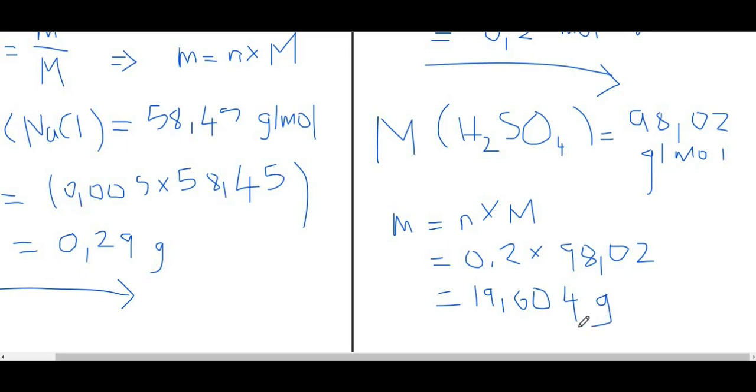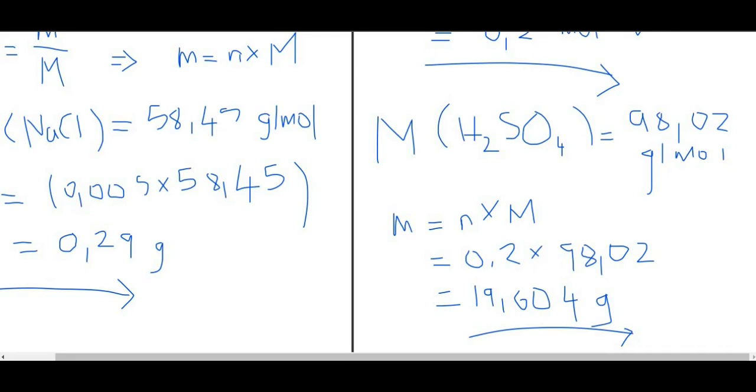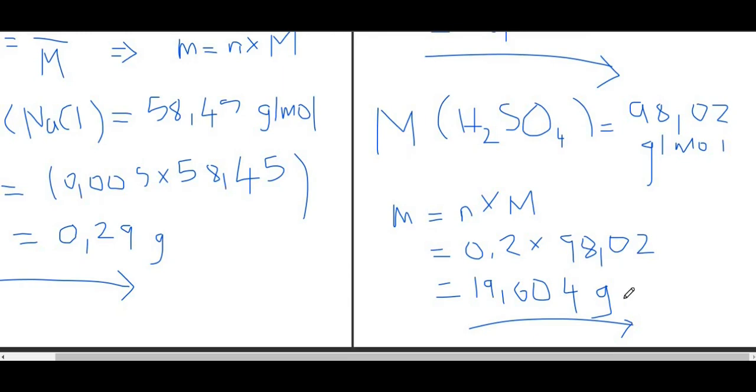So what does this mean? You need to dissolve 19.604 grams into a certain volume of the solvent, which was given to us as 250 cubic centimeters. So this is the mass that you actually need.